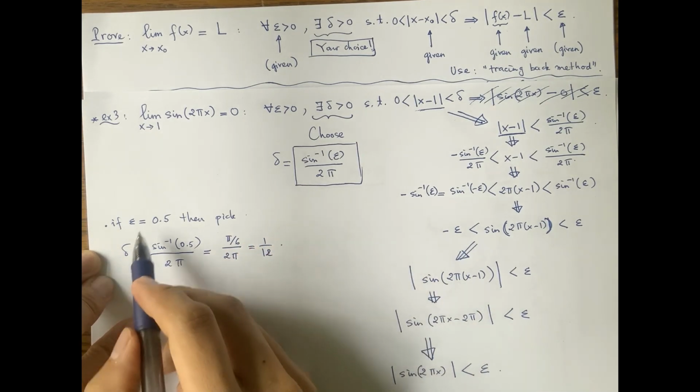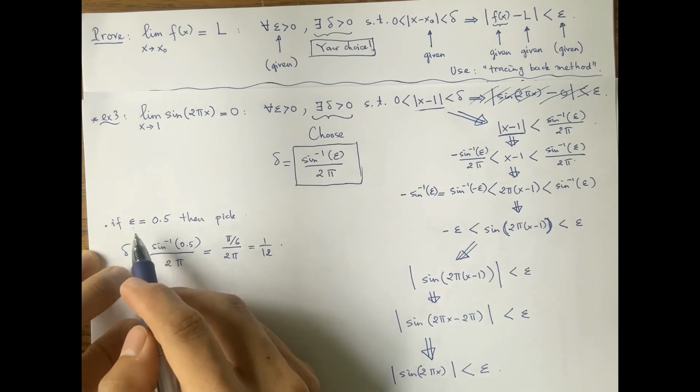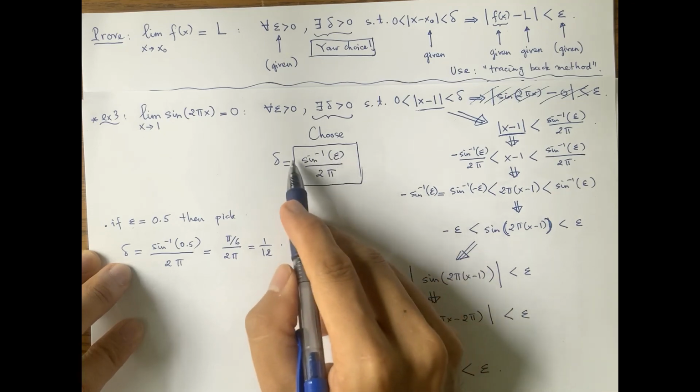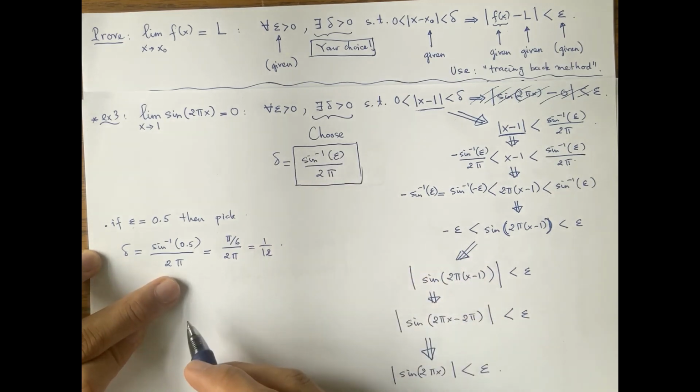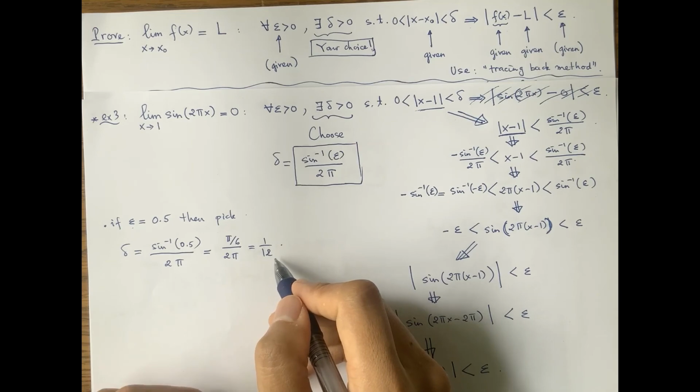Now if you are given another epsilon value, you will need to plug it in here, use your calculator to get the value out and divide by 2 pi. Of course, that can be not as beautiful as this number, but that's the way we are going to get it.